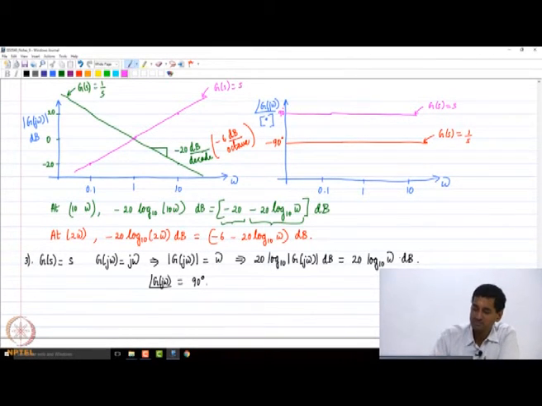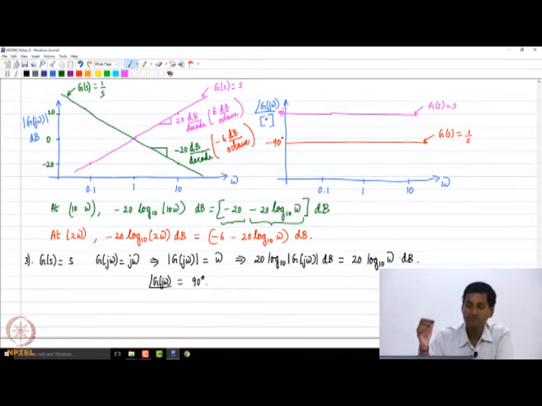So what do you think is the slope of this curve? Once again a straight line. It's going to be plus 20 decibels per decade or 6 decibels per octave, right. That's going to be the slope of this curve. Okay, so that's the difference, right. So can you observe something from here?